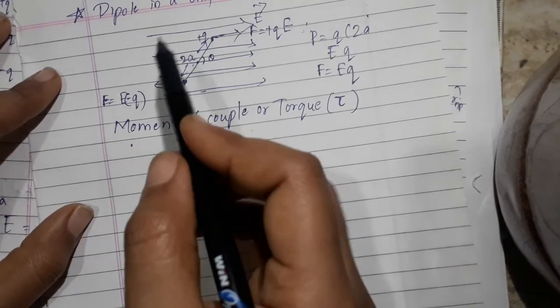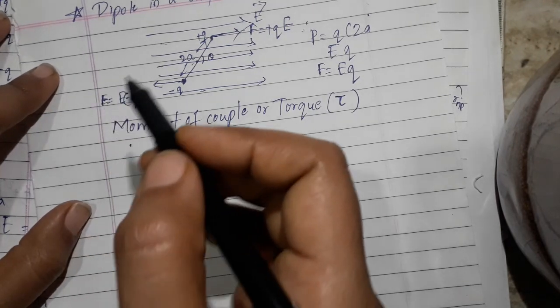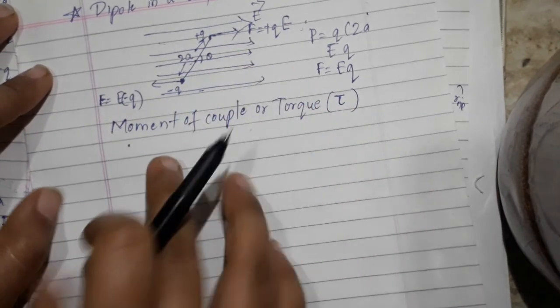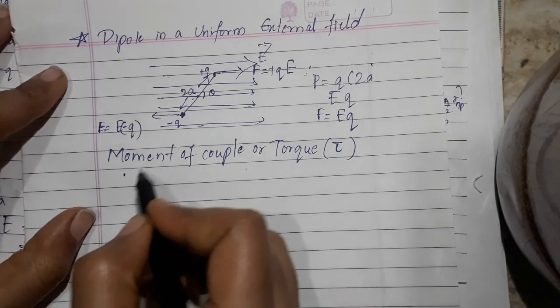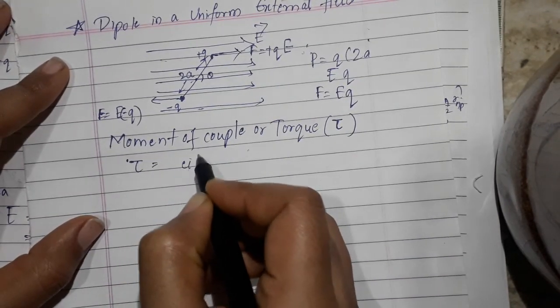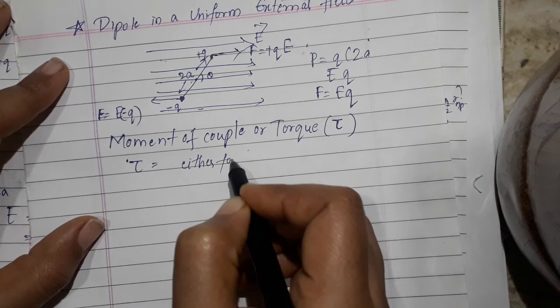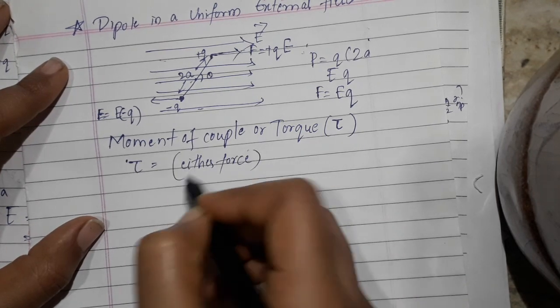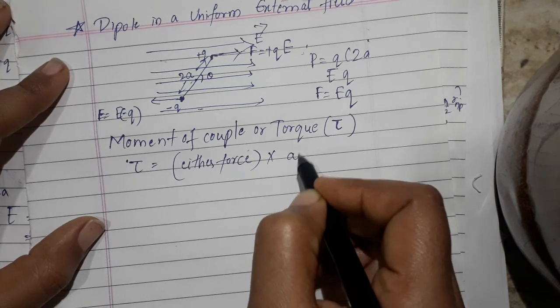Now we have to find the expression for the torque. We can derive the expression for torque. The torque is given by either force, any one of the forces, into the arm of the couple.